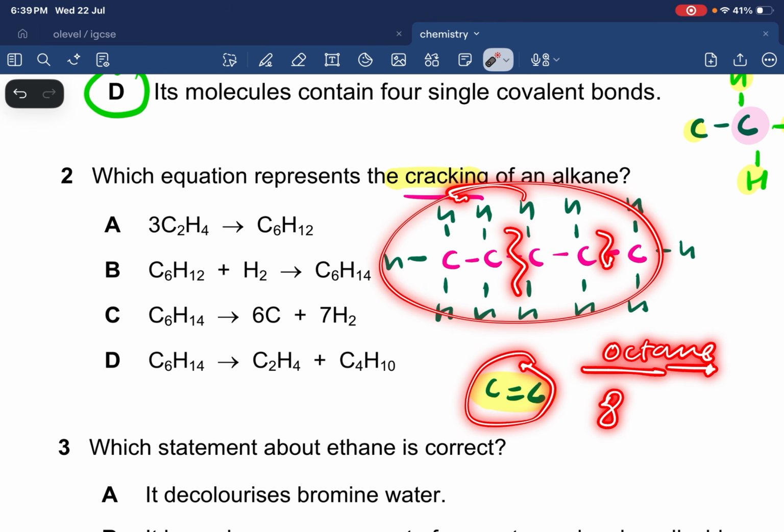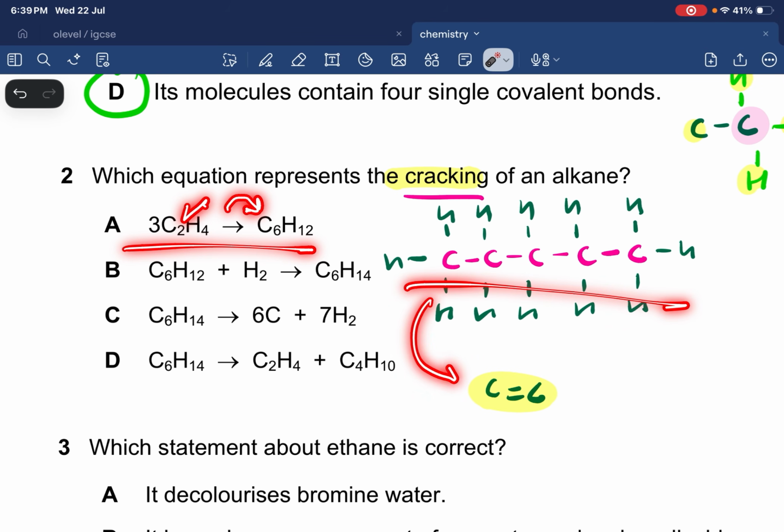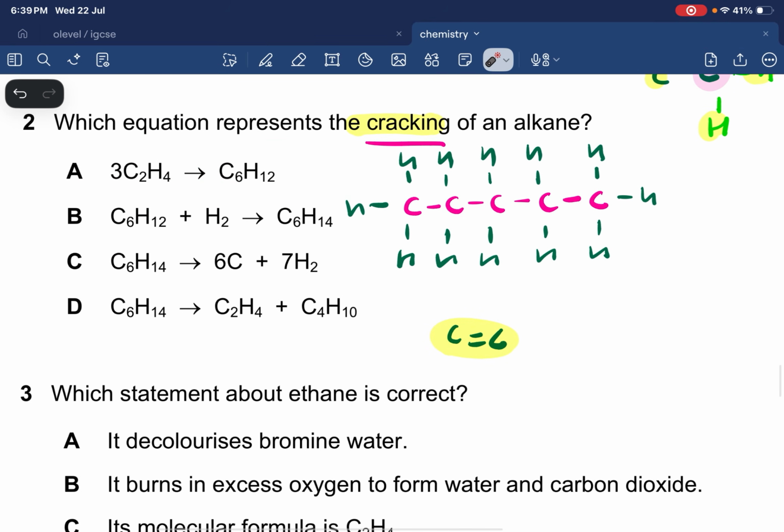Now, next thing, you have to produce smaller ones. Let's see what we're doing. C2H4, there are 3 of it, and we're producing this. Now, what are we doing in the first one? From a smaller hydrocarbon, we're going towards a larger one. No, we have to go from a larger towards a smaller. In the next one, you have C6H12, adding hydrogen. No, we don't add hydrogen to it.